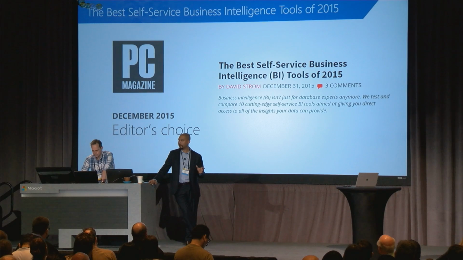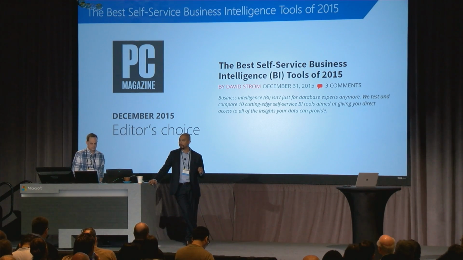So if you guys saw the PC Magazine report that came out back in December, we're really proud. They did kind of a competitive analysis between Power BI, Tableau, Qlik, Domo, like all the big players all at once. And as you heard before, we actually tied for editor's choice with Tableau. And you have to remember, at this point, our product had only been in market for around 6-7 months.